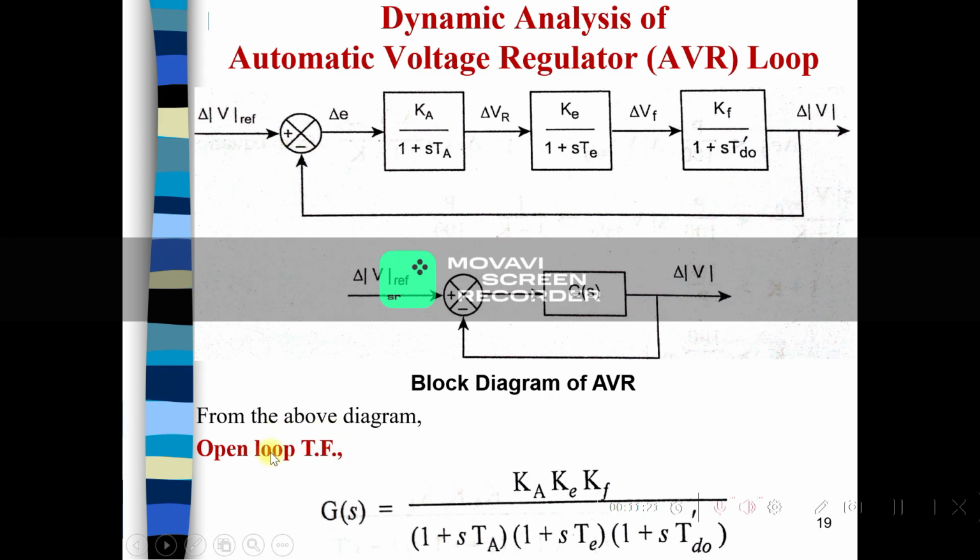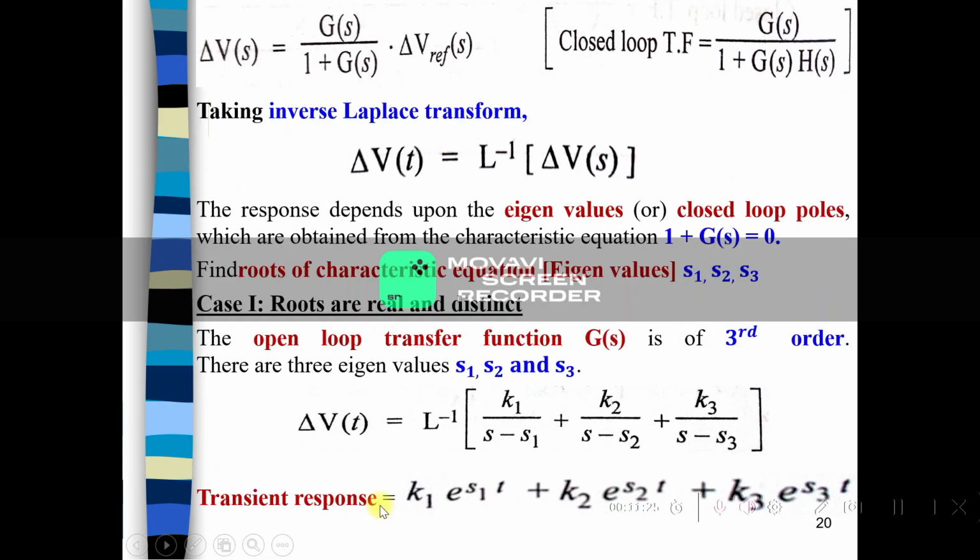For the above diagram, we can find the open loop transfer function. From this, del V of t is equal to the inverse Laplace of del V of s. Here we apply case 1, roots real and distinct, so we find the K1, K2, K3 values. K1 divided by s minus s1 plus K2 divided by s minus s2 plus K3 divided by s minus s3.